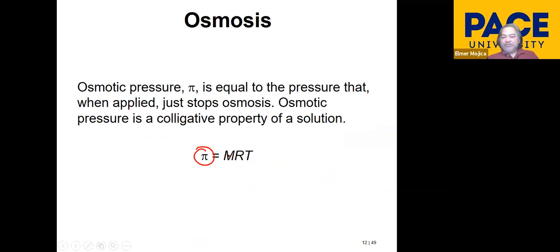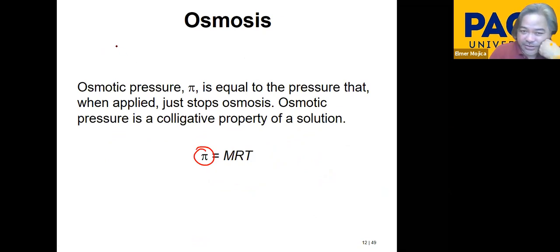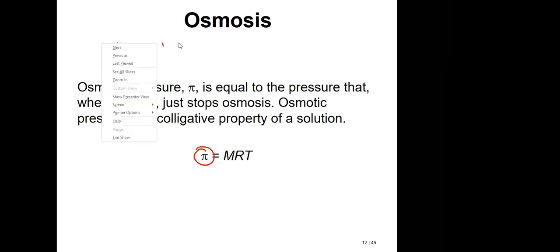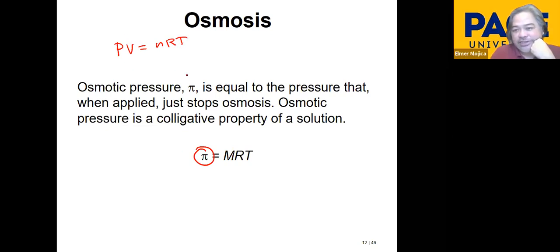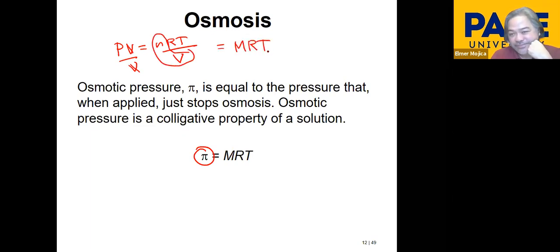So what can you say about this equation? This equation is just a derivative of PV equals nRT. If you put the V here, the n over V is just your molarity, so it becomes MRT.